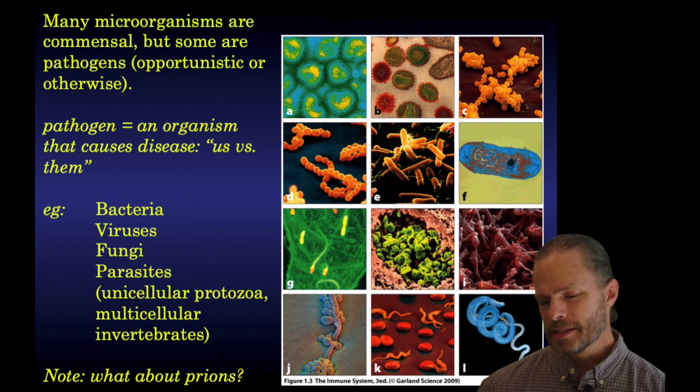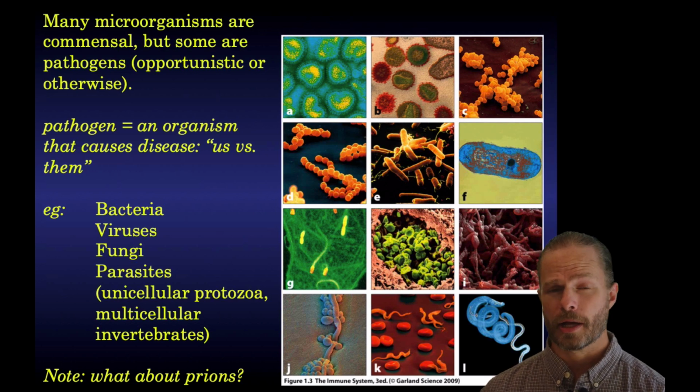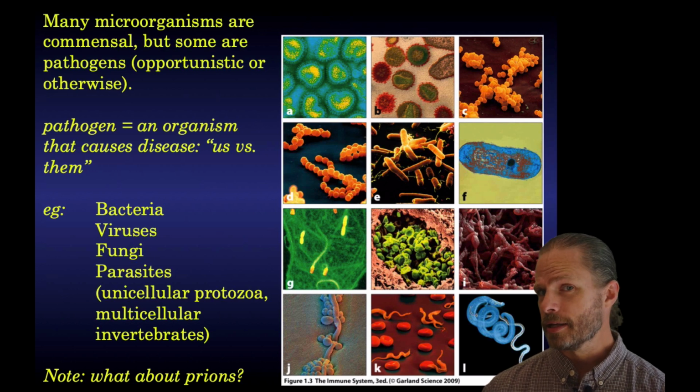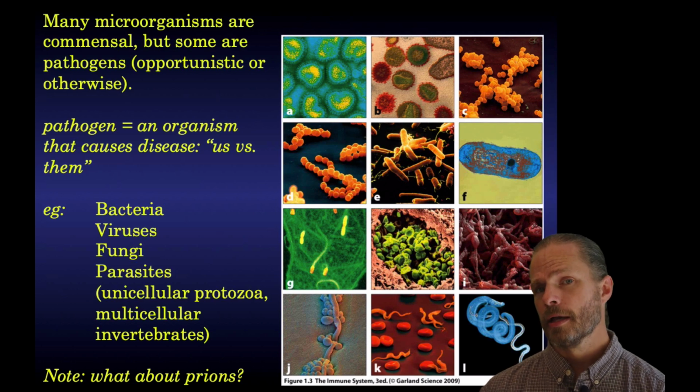So the idea here is that you need to think about this vast potential pathogen pool out there. Think about how quickly microorganisms replicate and how quickly they evolve, evolution being the change in average characteristics of a population over time. Small organisms like microorganisms replicate very quickly.